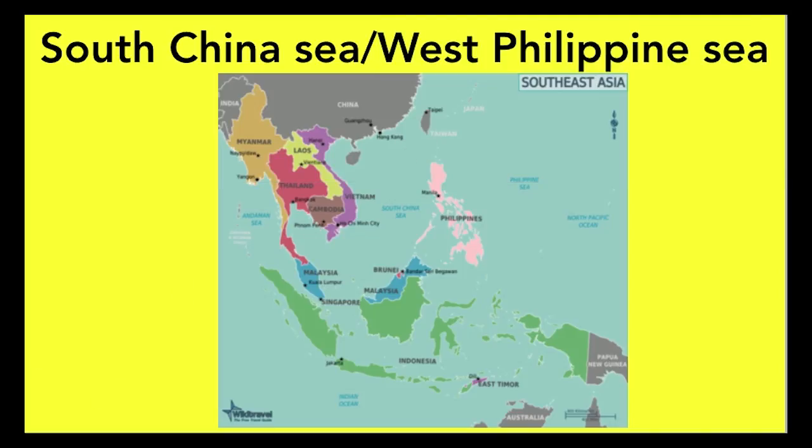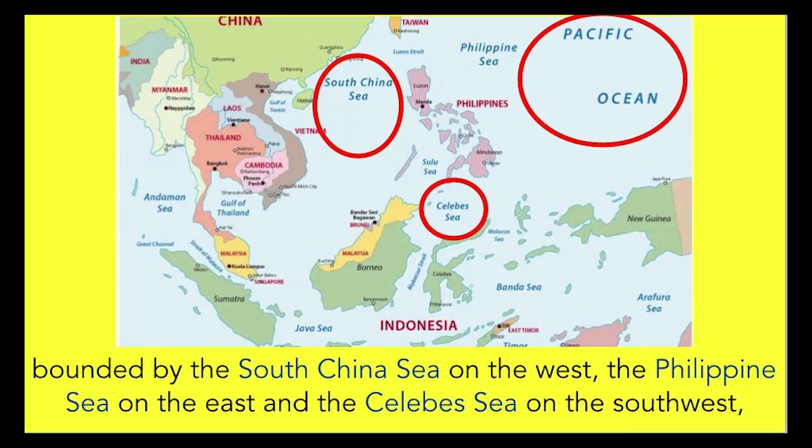And the one at the south of the Philippines, at the south of Mindanao, is also a well-known sea, the Celebes Sea. Those are the main bodies of water surrounding the Philippines.